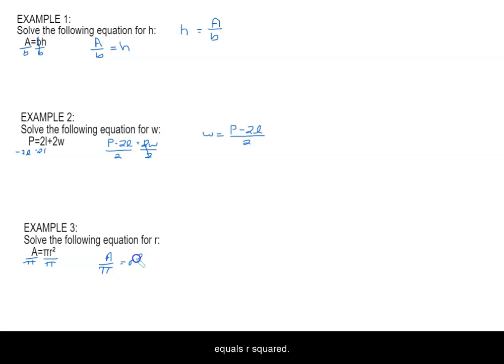equals r squared. Now remember, to get rid of something being squared, what we have to do is take the square root. So I'm going to then have to take the square root of both sides to cancel out or get rid of that being squared.